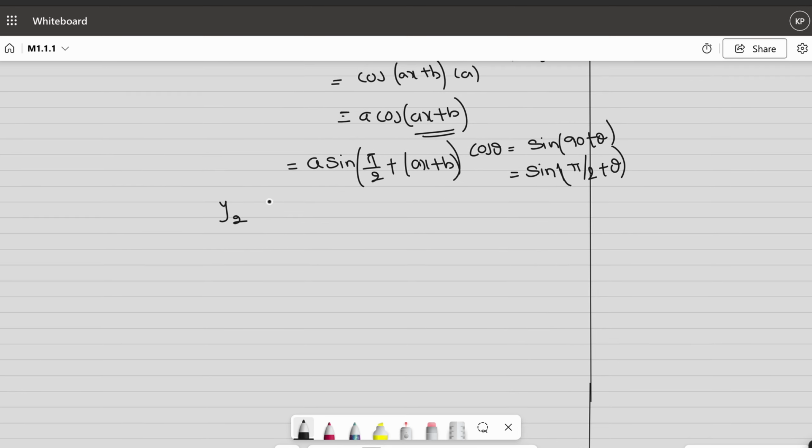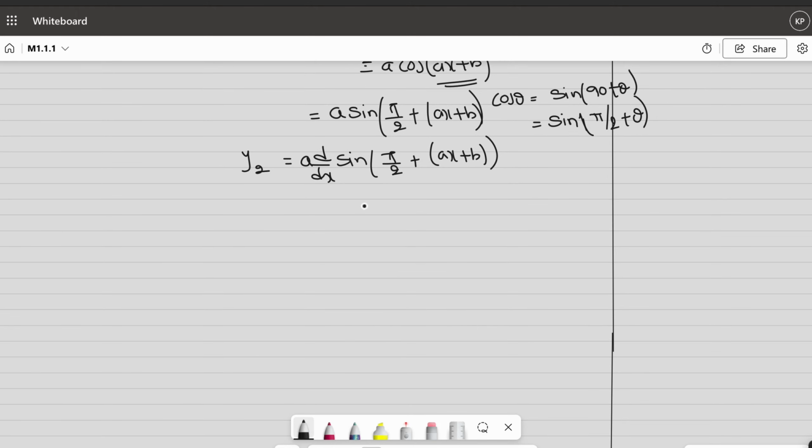Now let us derive for the second step, that is y2 is equal to d by dx, by considering a as constant, sine of pi by 2 plus ax plus b. We know that derivation of sine theta will become cos theta, so it can be written as a into cos of pi by 2 plus ax plus b.